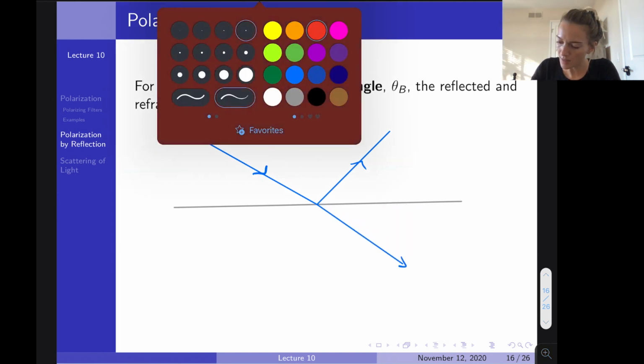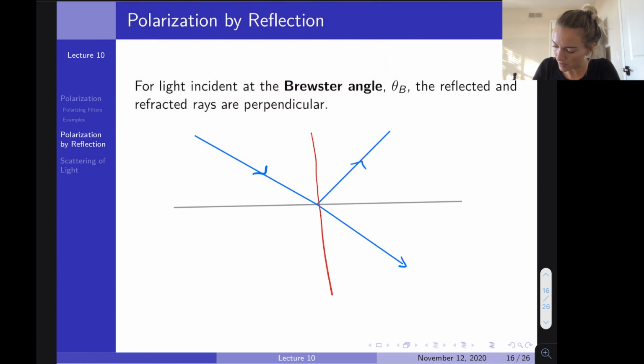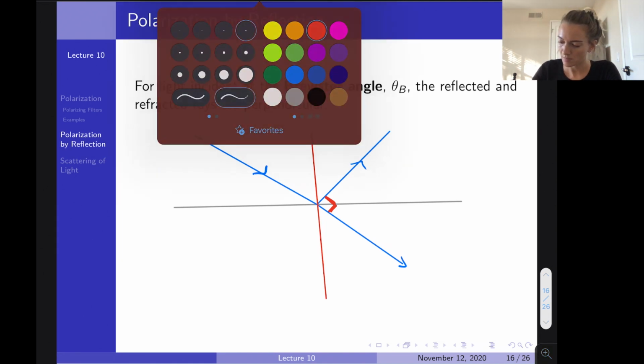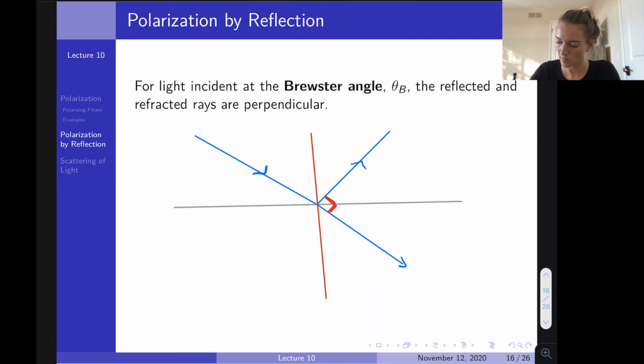And this is our vertical. So at the Brewster angle, the reflected and refracted ray are perpendicular. So that means that this is perpendicular here, right? That's a 90-degree angle. And we're going to call that theta B for Brewster.